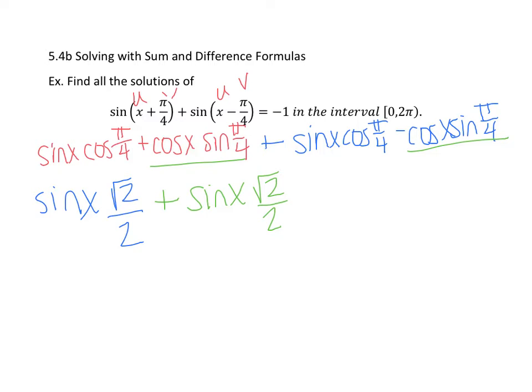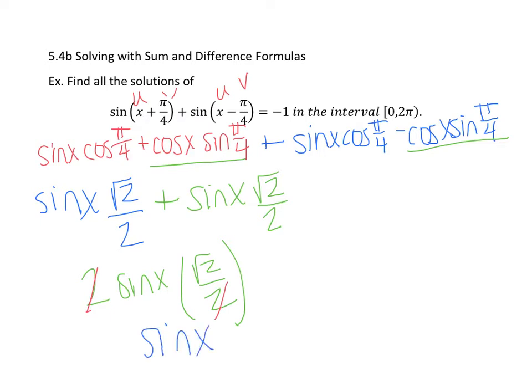So now I have two of these together. They're exactly alike. 2 sine x times radical 2 over 2. These 2's are going to cancel. Now I have sine x times radical 2 equals negative 1 from the original.